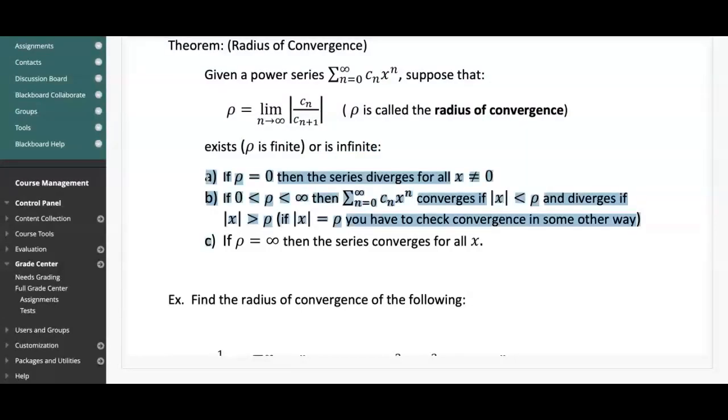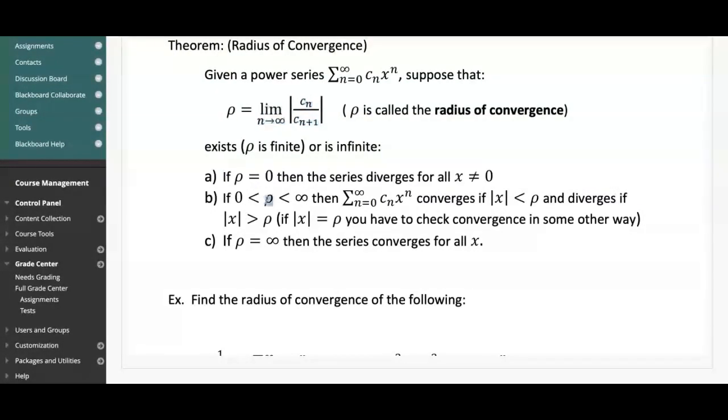So we have this A, B, C, 3 bullet points. If rho equals 0, then the series diverges for all x not equal to 0. So 3 situations. If the limit tends to be 0, then the series diverges for x not equal to 0.